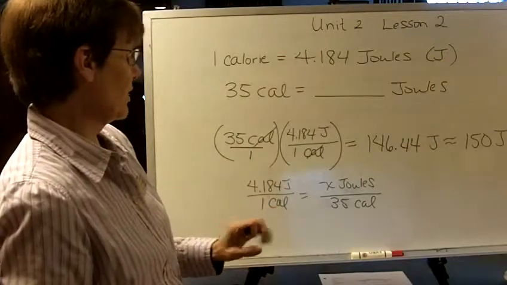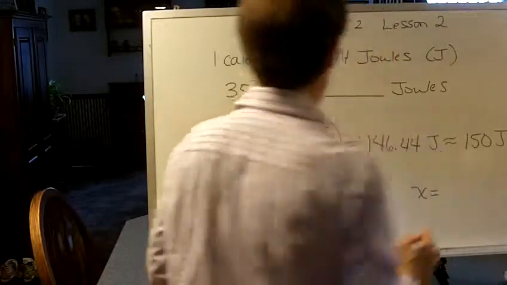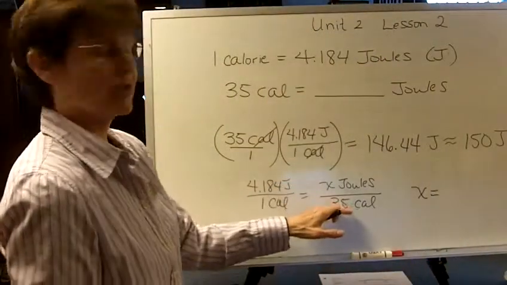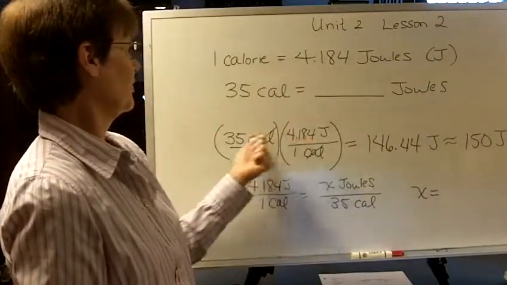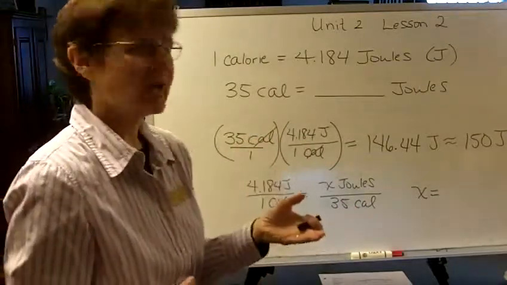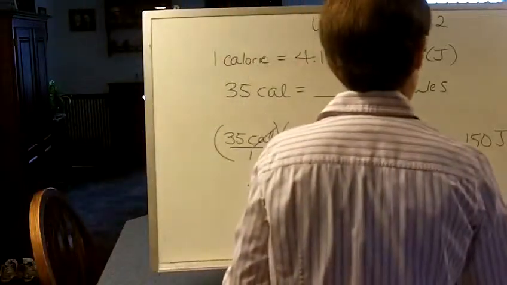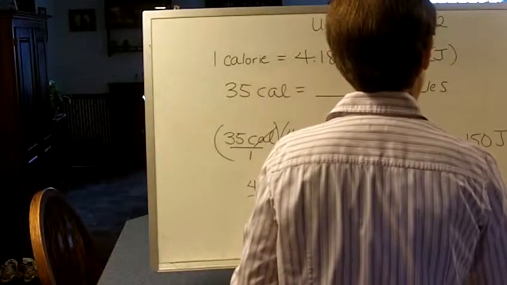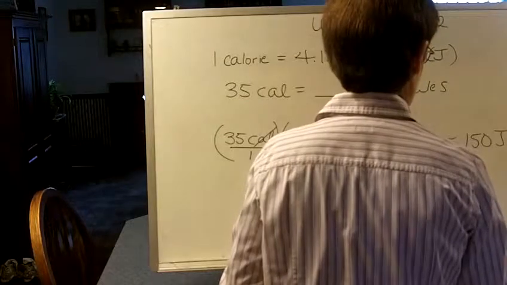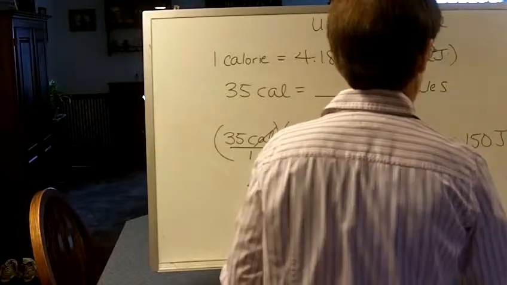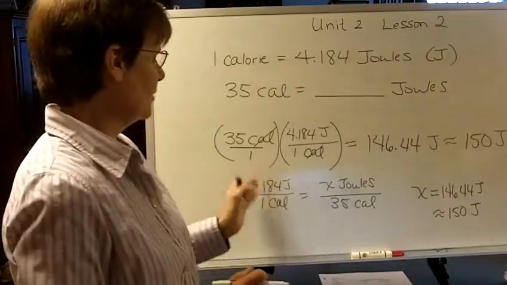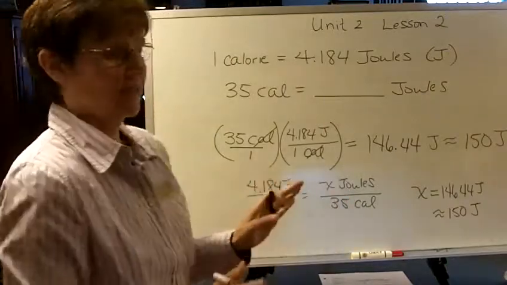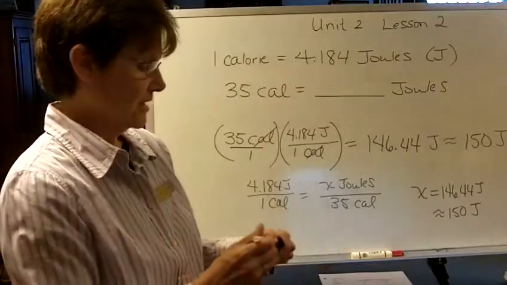So now we cross multiply, x times 1, and 4.184 times 35. Well, how about that? That's what we just did up here, 4.184 times 35. So mathematically, we end up doing the same thing. But if this makes more sense to you, if you like the ratio approach, then feel free to do that.